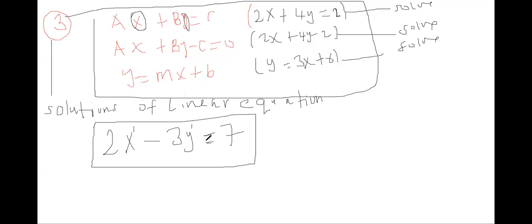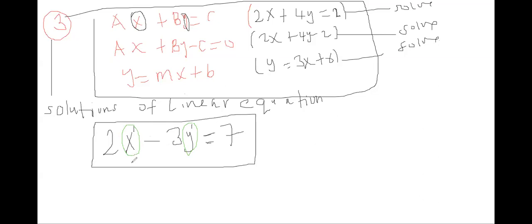The next question is, how do you solve it? The solution to this linear equation is to find the value of this variable and the value of this variable. If you multiply the value of x by 2, and the value of y by 3, then the value here minus here should give us 7.